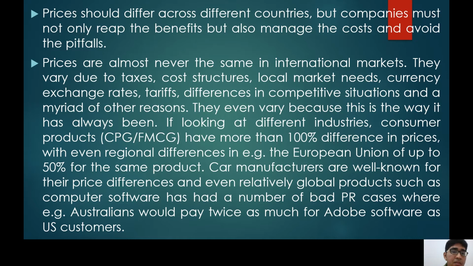For example, in the European Union, up to 50% for the same product. Car manufacturers are well known for their price differences, and even relatively global products such as computer software have had a number of bad PR cases where Australians will pay twice as much for Adobe software as US customers.